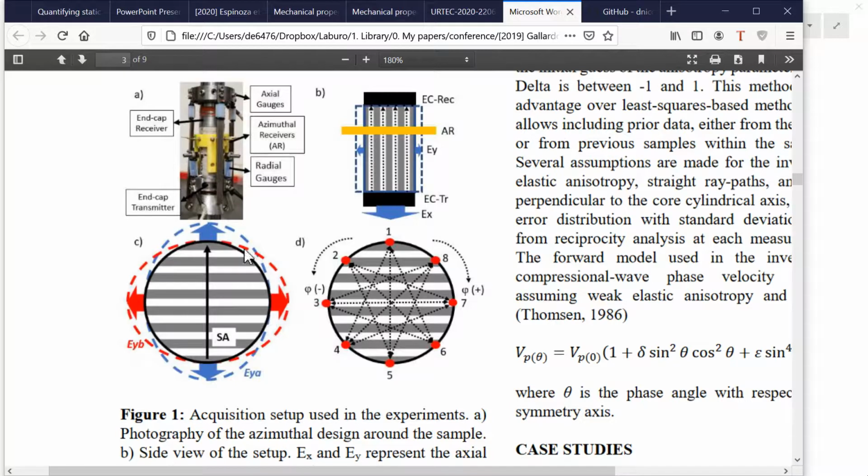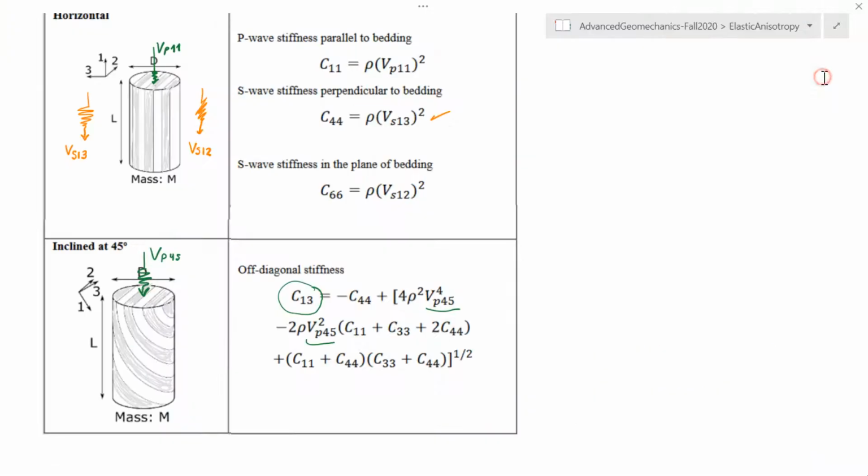By doing that, we can also measure some of the other missing stiffness coefficients by measuring wave propagation velocities at different angles with respect to bedding. So by doing some of these more complex methods, you can characterize the stiffness matrix in order to fully characterize your VTI rock.